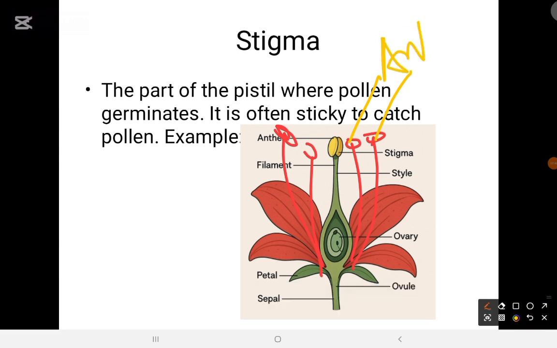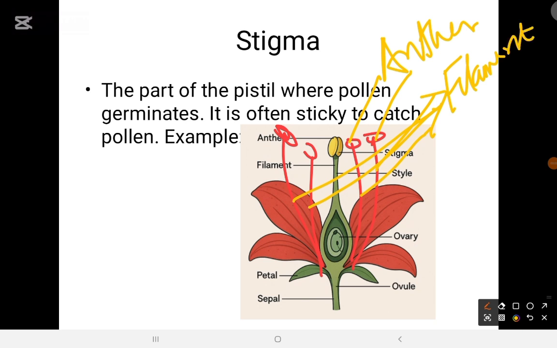These stalks that bear the anther up will be called the filament. The diagram here is not exactly accurate, but this is the way it is. So this anther and the filament together form the stamen.